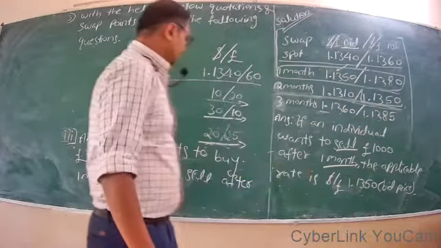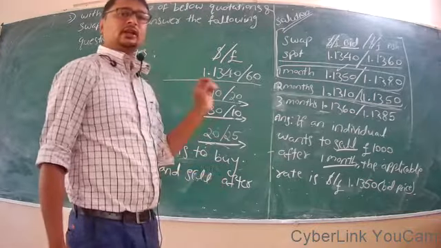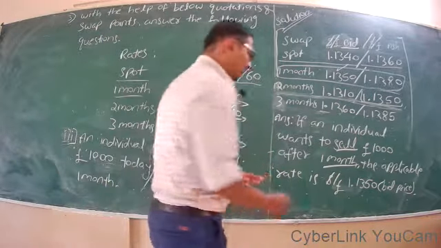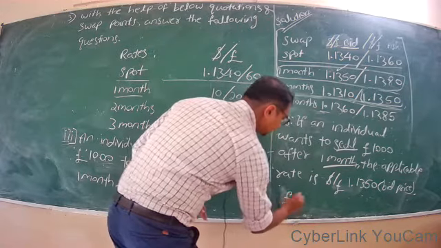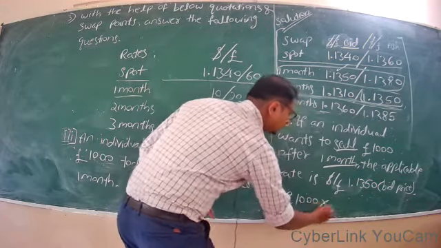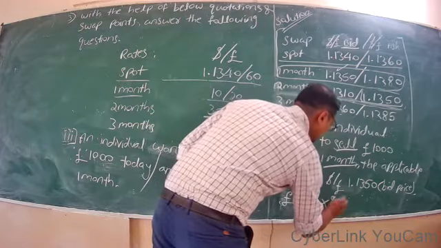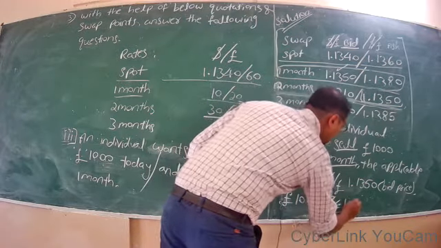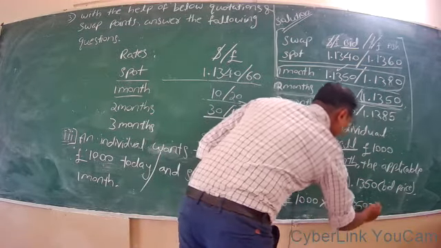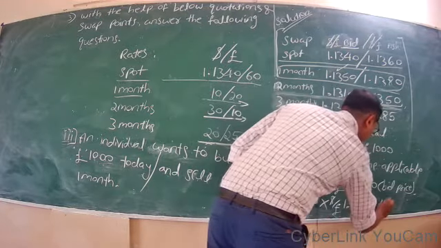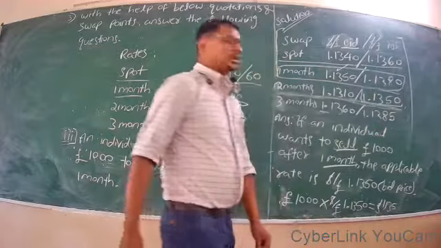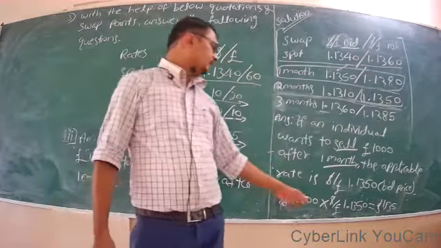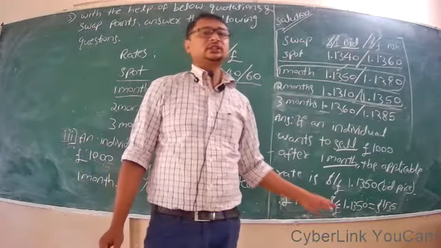But in the question he is going to sell the entire 1000 sterling pounds. So he gets 1.1350 times 1000, that is equal to $1135. He gets $1,135 after selling the entire 1,000 sterling pounds.